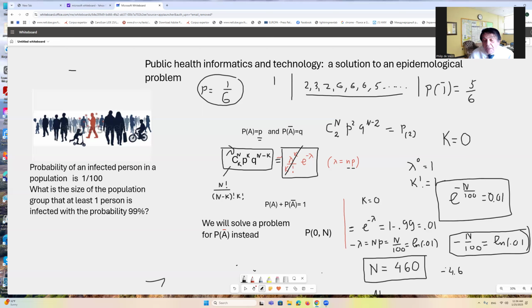Negative, you can cancel out, and you multiply both parts by 100, and you have n equals 460 people.